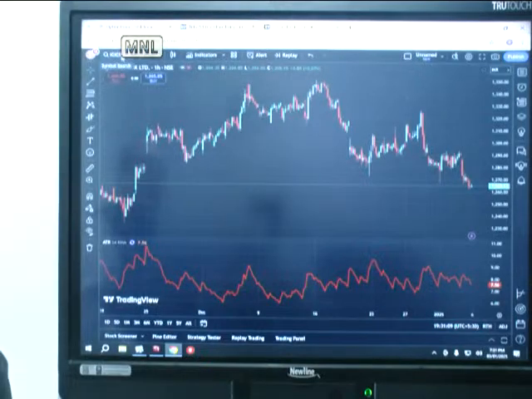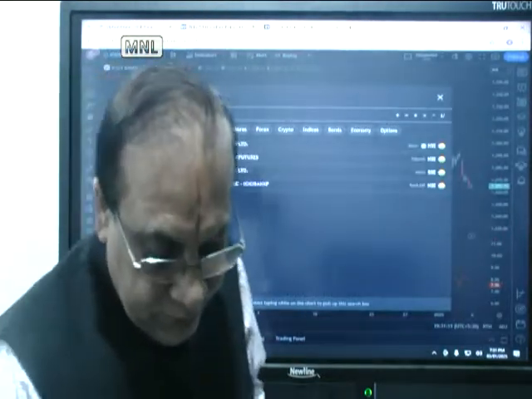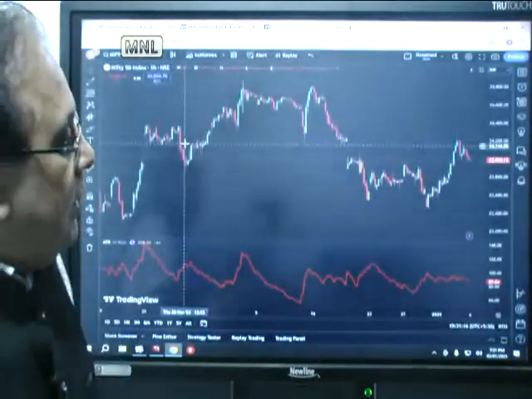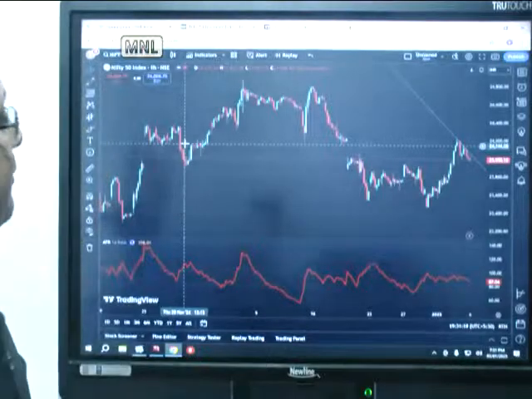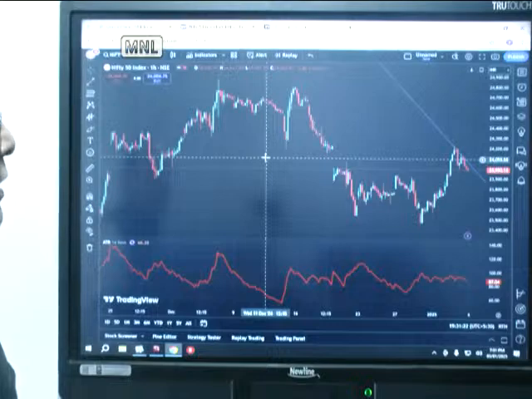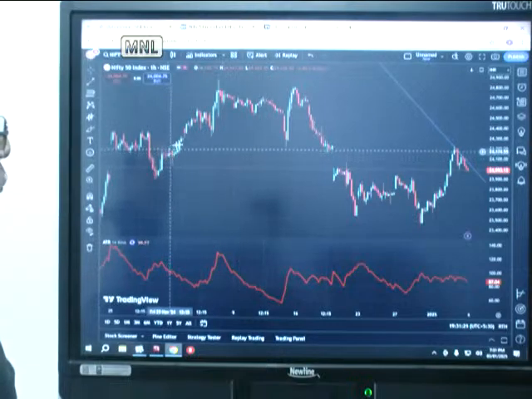Now, some finer points we said about pivot point trading. Let us say we just wish to show you Nifty. Now, these are classical pivot points which we will use. See, this is one right now.